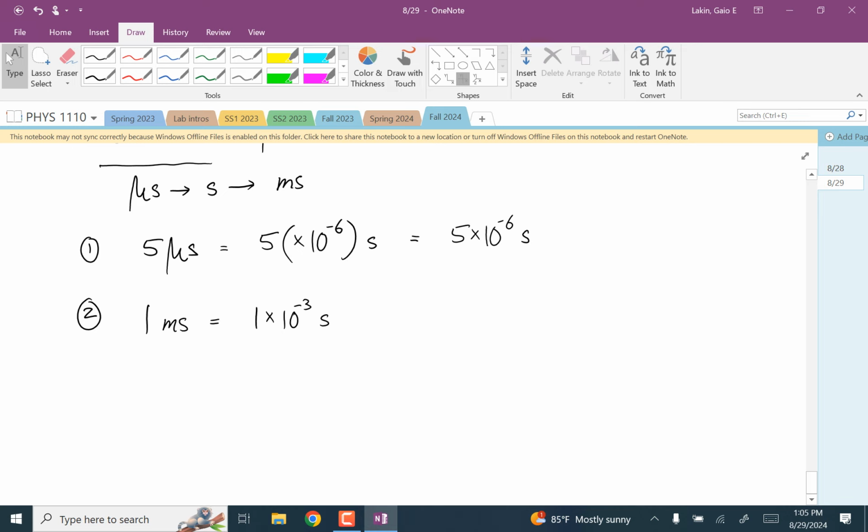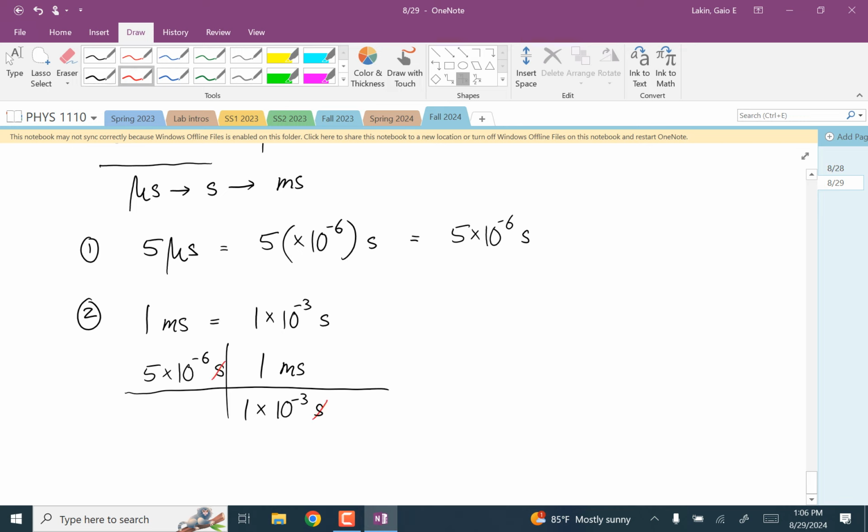And now I'm going to set it up as a unit conversion. 5 times 10 to the minus 6 seconds. I want to cancel the seconds, so I'm going to use the conversion factor that has seconds in the denominator to cancel this one. So I have 1 millisecond in the numerator, 1 times 10 to the minus third seconds in the denominator.